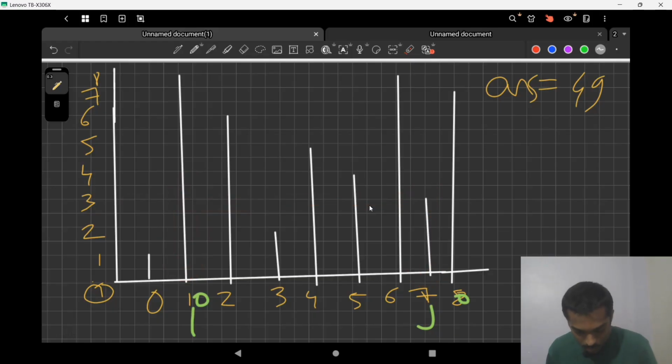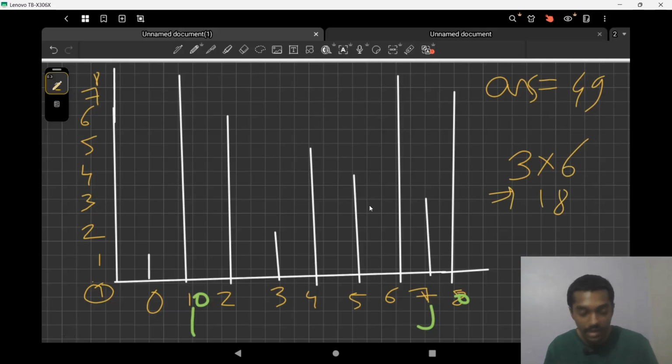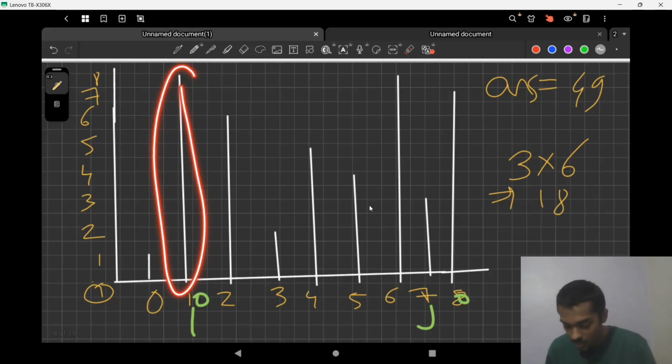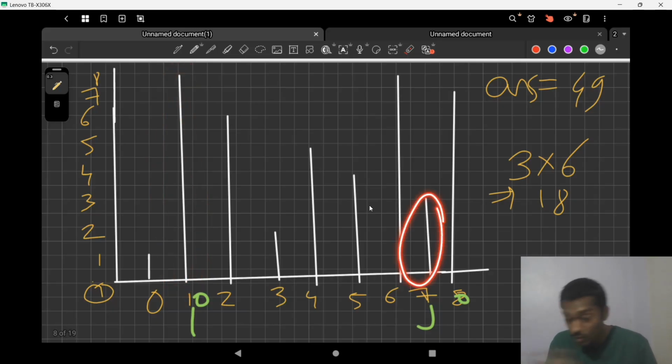Width is j minus i, which is 7 minus 1, which is 6. 3 into 6 is 18, which is not greater than our current answer, so we are not going to update it. Now again we want to keep our maximum height, so we are going to increase our j pointer to the left side.